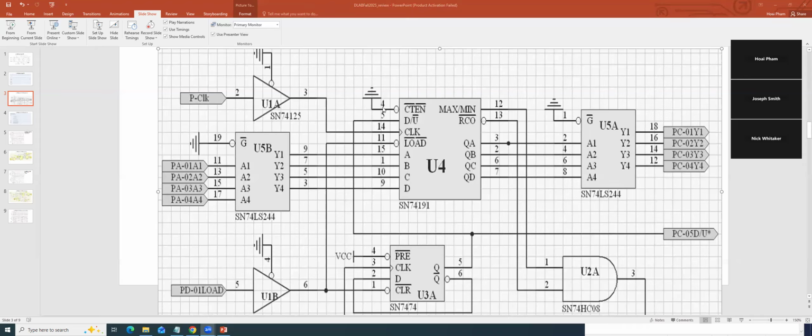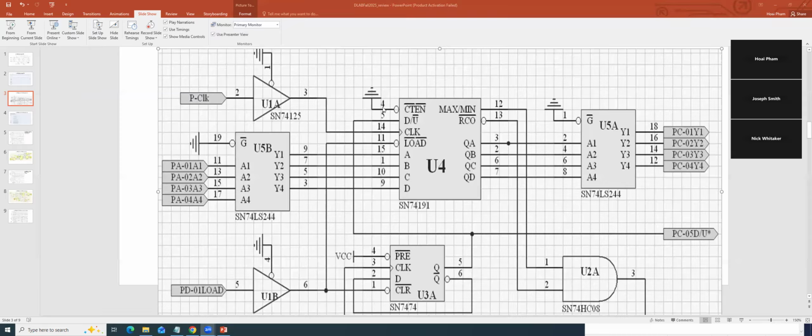That's a buffer, just a buffer. If pin 10, output pins Y1, Y2, Y3, Y4 equal A1, A2, A3, A4.